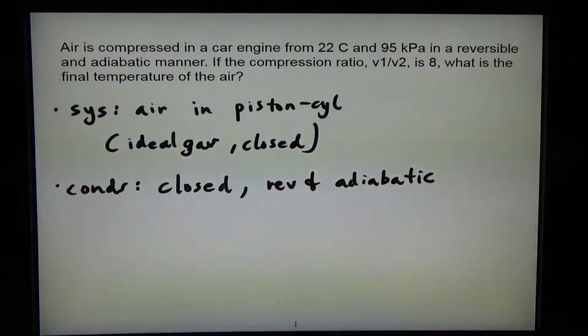A reversible process means that there's no entropy generation. Closed system means that there's no entropy transfer with mass, and adiabatic means that there's no entropy transfer with heat.